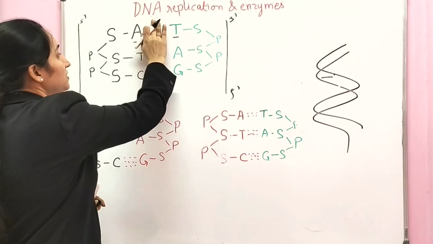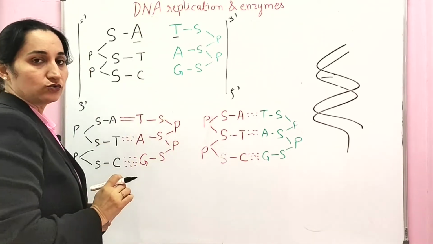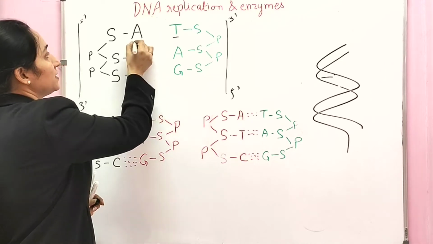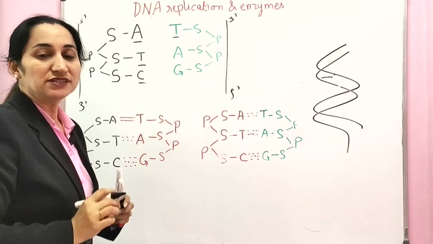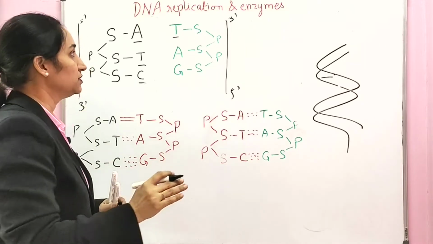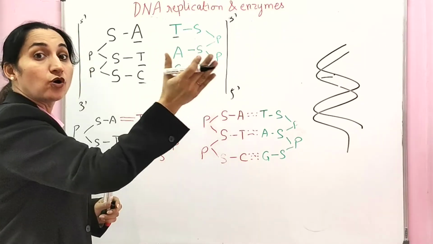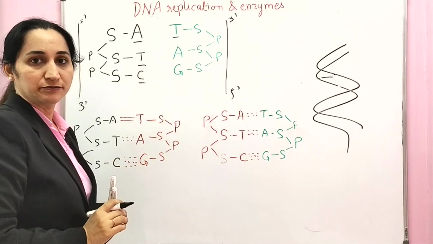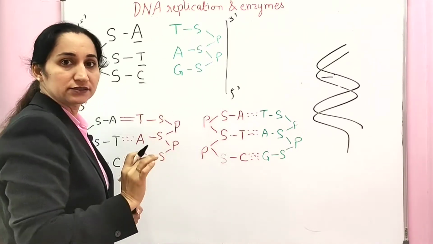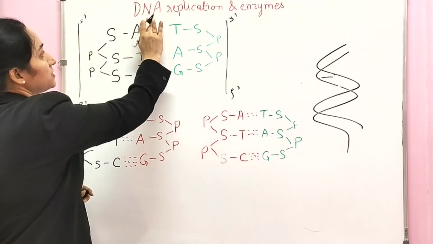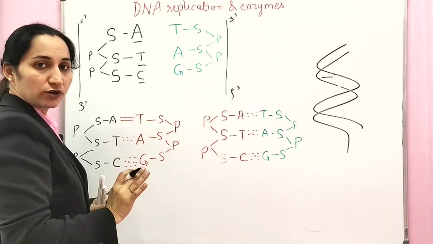So when these hydrogen bonds are broken down, then it is said that these purine and pyrimidine bases attract immediately, if possible, the complementary nucleotide bases.